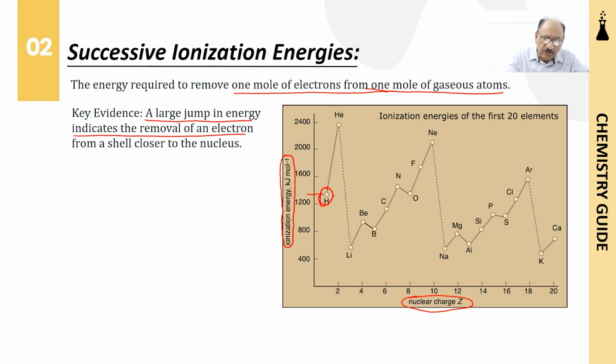But for helium first ionization, because helium has 2 electrons, a filled orbit, it is difficult to remove from here, so it has higher ionization energy.